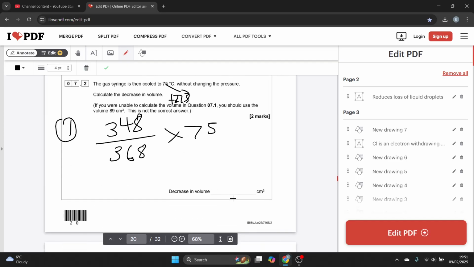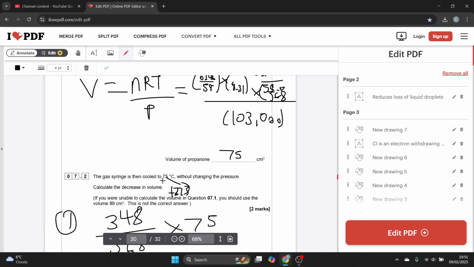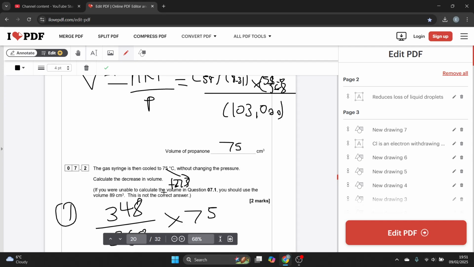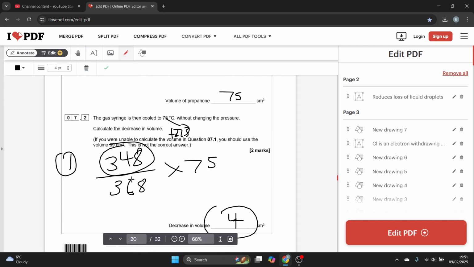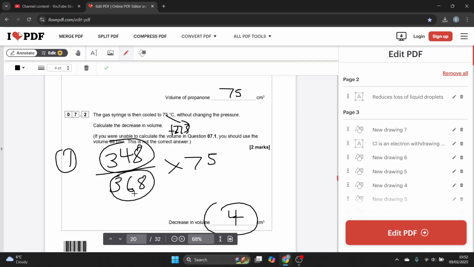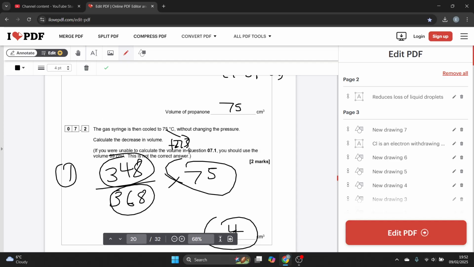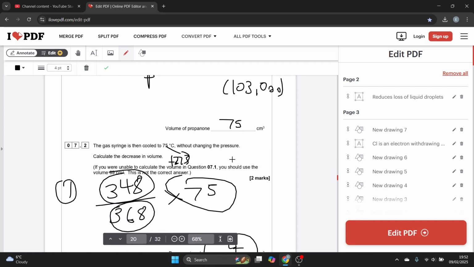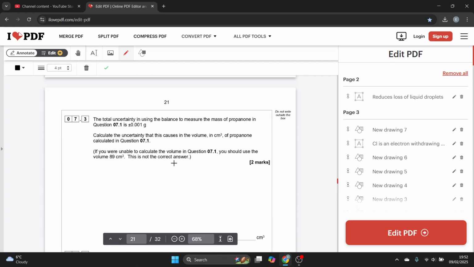So the decrease is 4 centimeters cubed. So cool to 75 degrees Celsius, calculate that in Kelvin, 348. The original temperature in Kelvin is 368. Use that factor, times it by 75 volume, then you can find the new volume. Then do 75 minus that new volume to get 4.